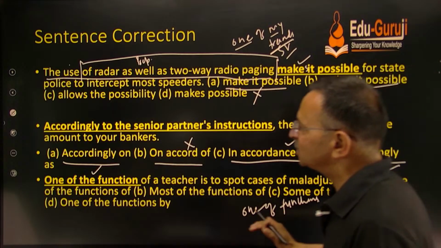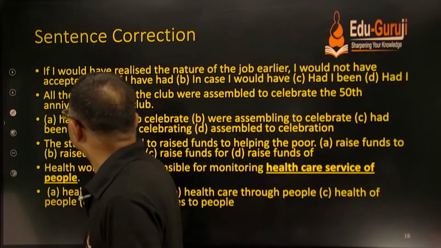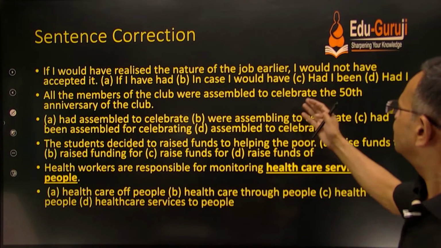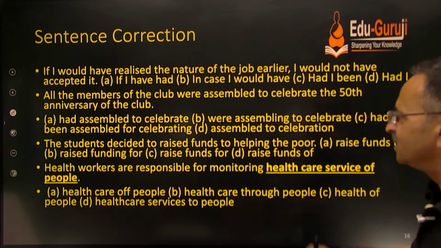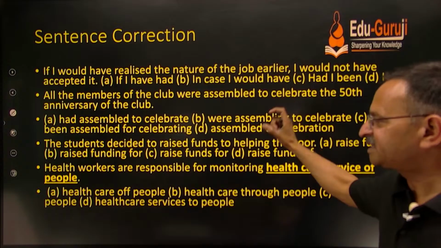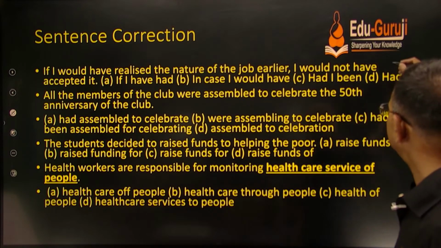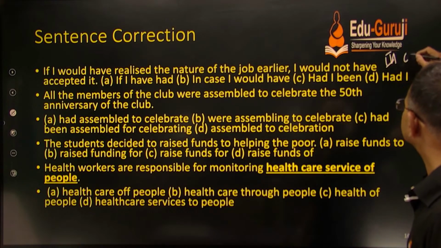Right, so let's go to the next part. "If I would have realized the nature of the job earlier, I would not have accepted." If you see this particular question, you will find that this is based on the third condition.